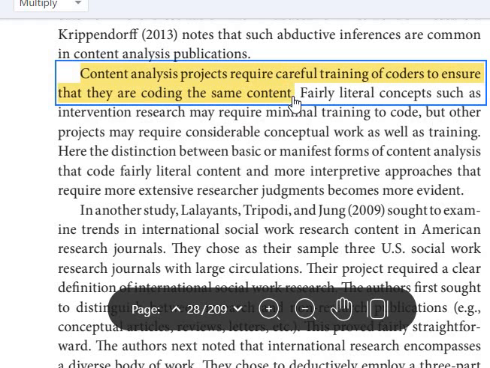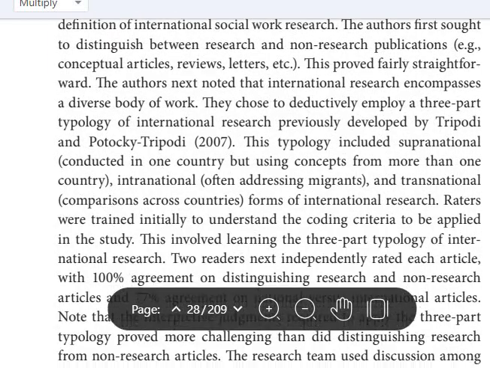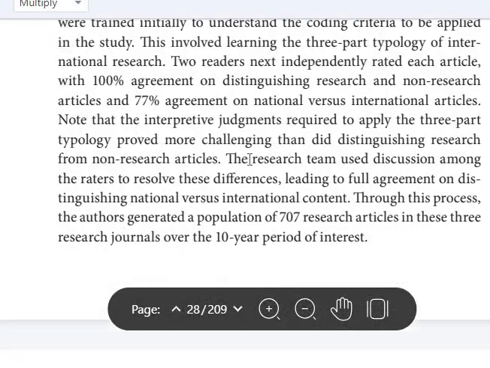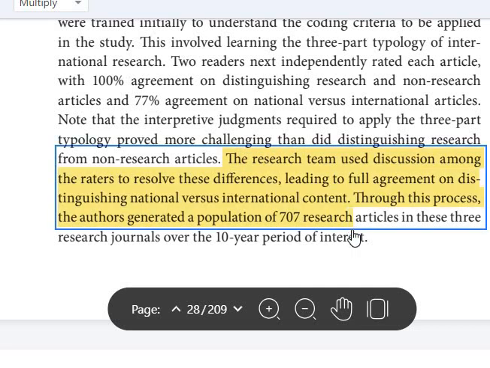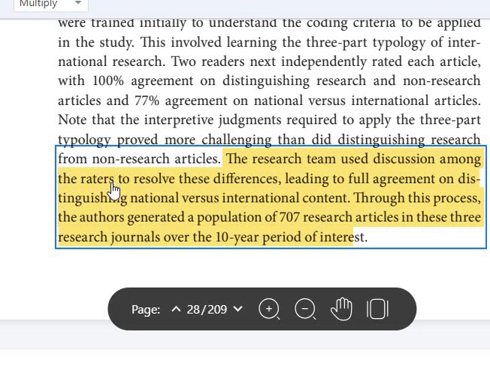We have previously said that it is important to have training for coders to ensure that they are coding the same content, depending on the same criterion. Here, it's important to understand that the research team used discussion among the raters to resolve these differences. Of course, there must be some kind of differences in analyzing data.